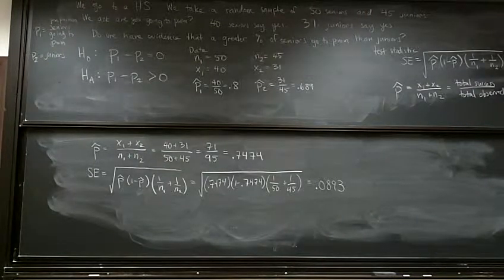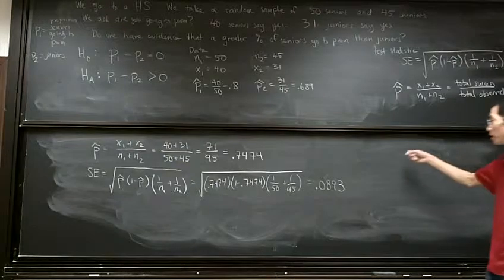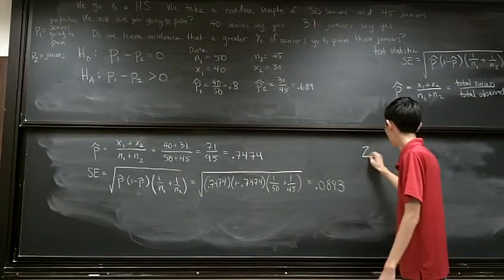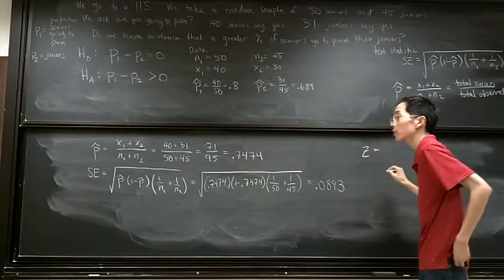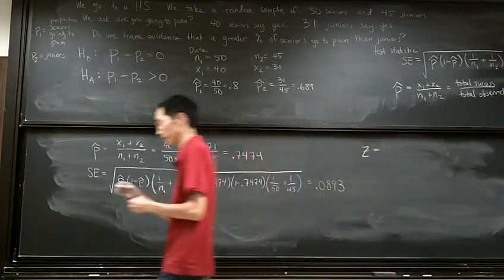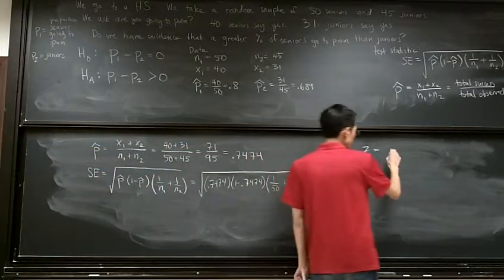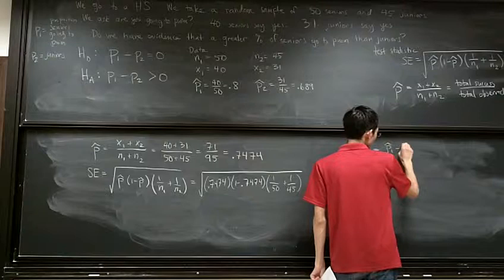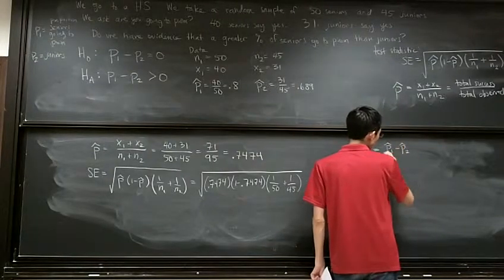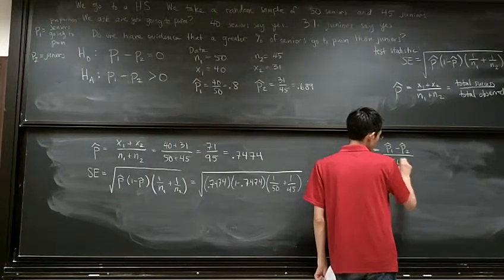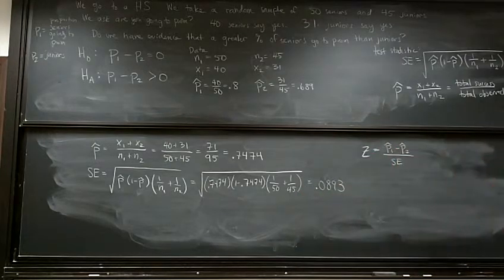Yes. So once we find the standard error, we have to find our z-score, okay? So we said our z-score. Great. Okay. Our z-score is our observed difference, p1 hat minus p2 hat, technically minus 0, divided by our standard error.